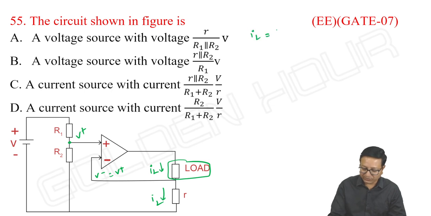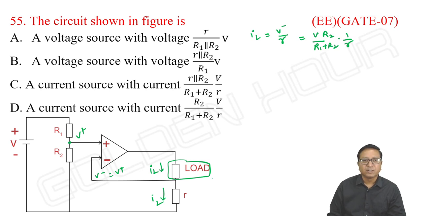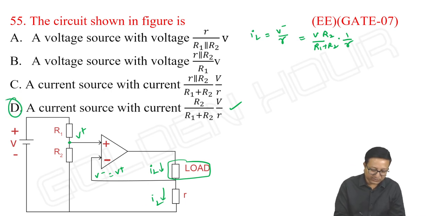So IL is equal to V minus by R, where V minus is equal to V plus, which is V by R1 plus R2 multiplied with R2, multiplied with 1 by R. So the circuit shown is a current source with current value R2 by R1 plus R2 into V by R. That's it. Option D is correct.